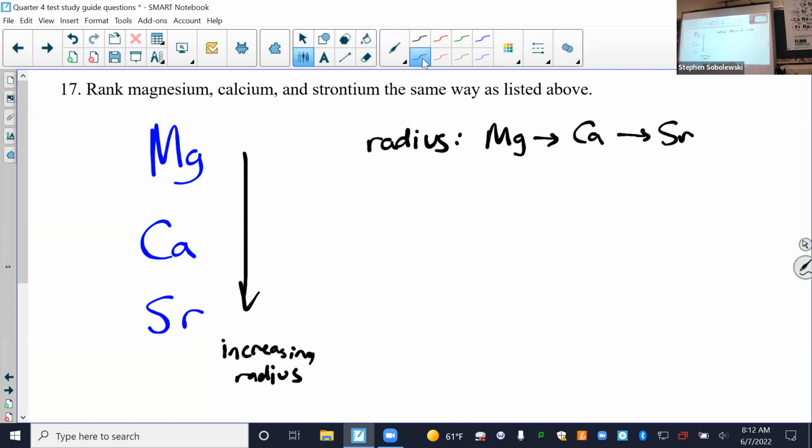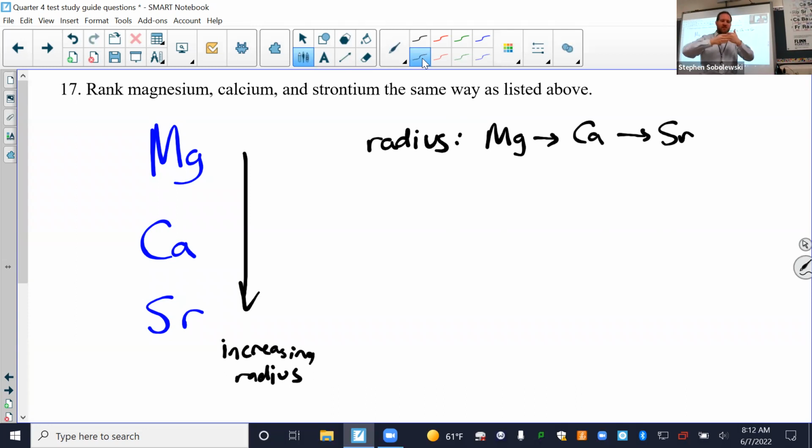Okay. The next trend was ionization energy, the energy required to remove an electron. Now, these each have 2 valence electrons that they want to get rid of. They're going to put up very little resistance to that. But which one wants it more? Which is going to put up the least fight? And that's going to be strontium. Why is it easier for strontium to lose its 2 electrons than magnesium? Because strontium's 2 electrons are much farther from the nucleus.